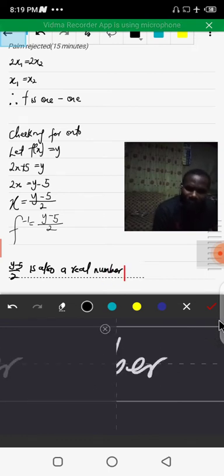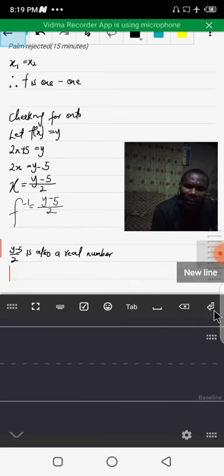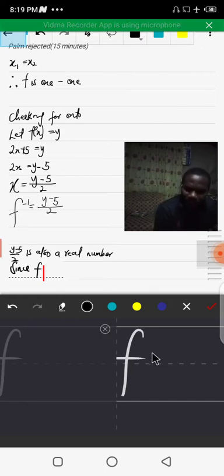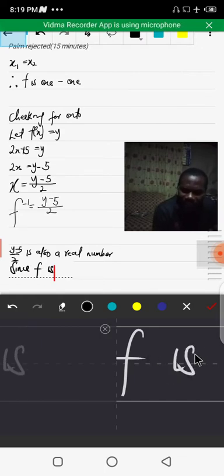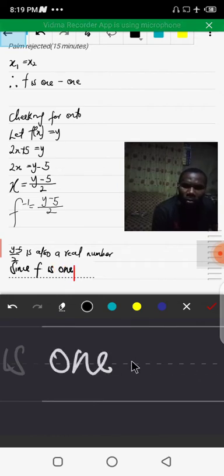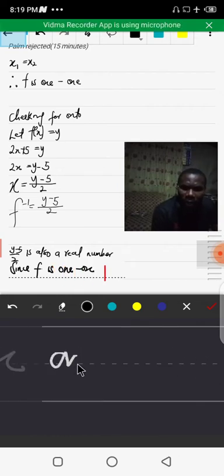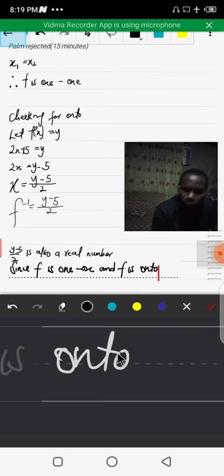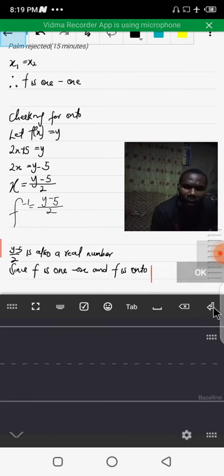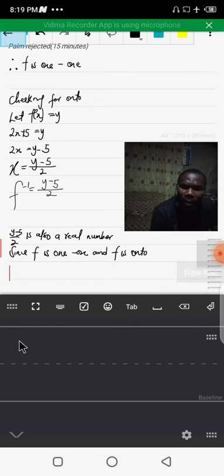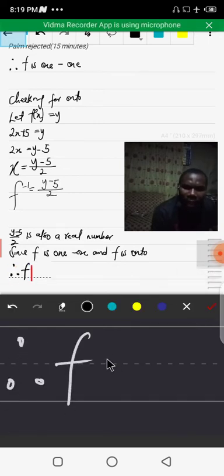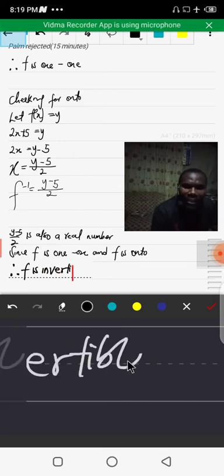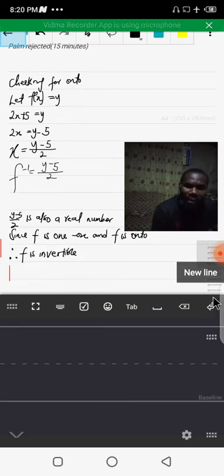If you are able to see this, you now say that since f is one to one and f is onto, therefore f is invertible. That is just the proof.